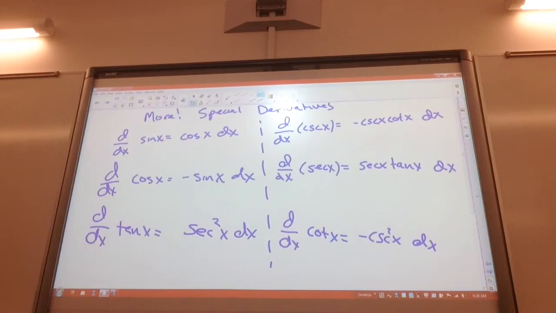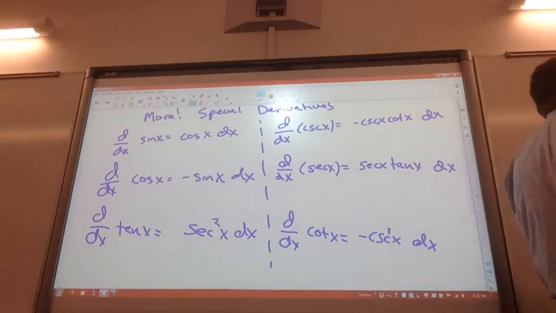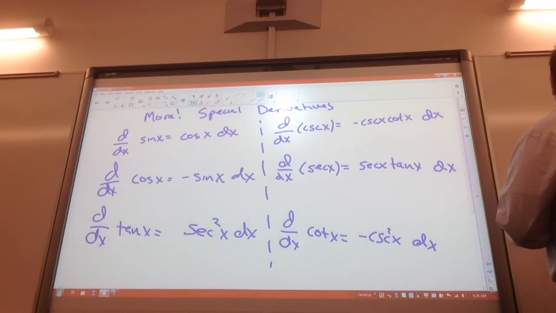Alright. So I guess the question would be like if I just told you, give me the derivative with respect to x of 3 secant of x squared. Well, the derivative of the secant is the secant tangent, so this would be 3 secant of x squared tangent of x squared, all times whatever the derivative of x squared is, which is 2x.